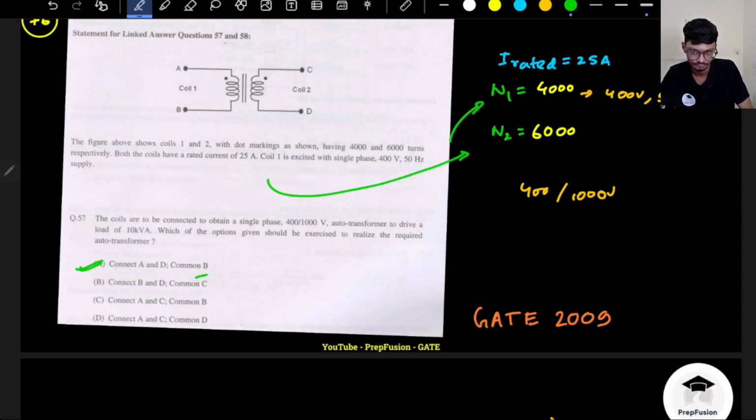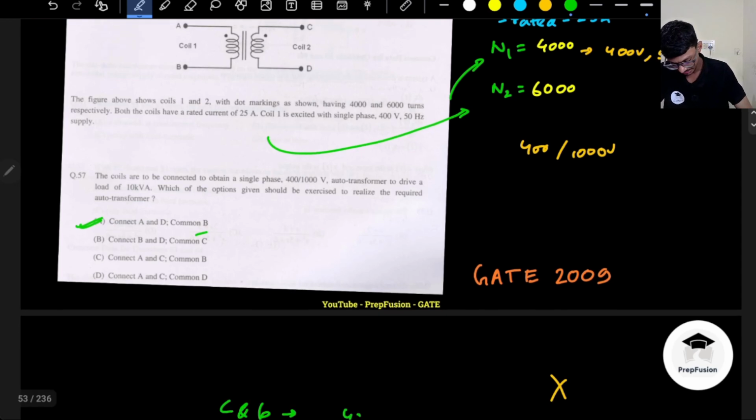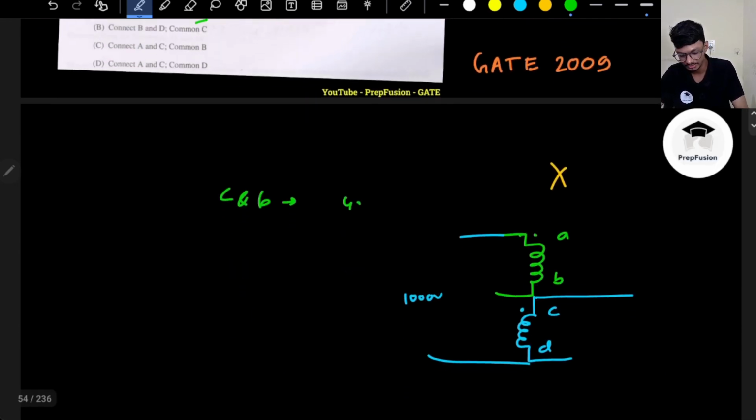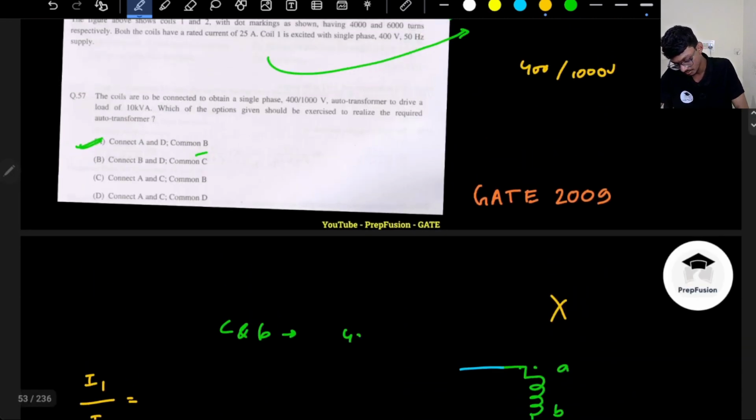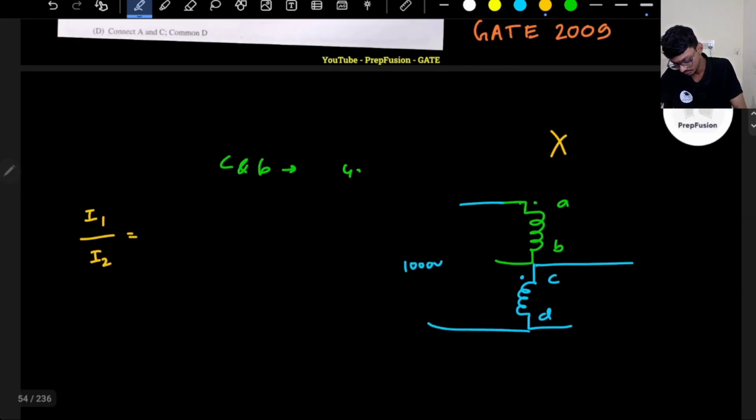Which one will I choose? I know the ratio. For a simple two winding transformer, I1 divided by I2 equals N2 divided by N1. N2 is 6000 divided by 4000, so it is 3 by 2.